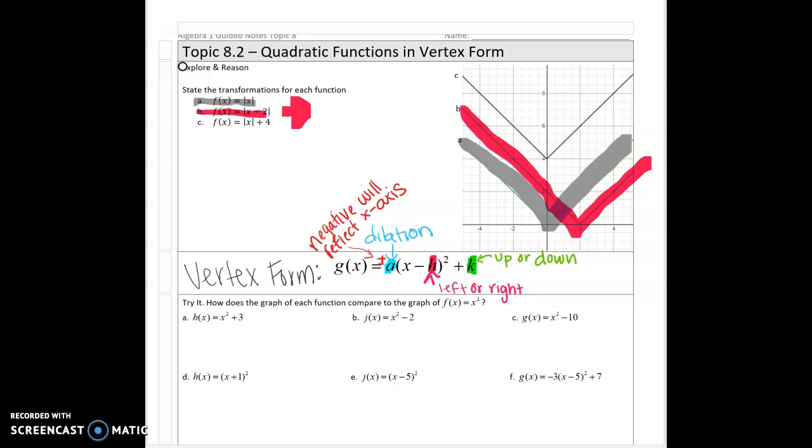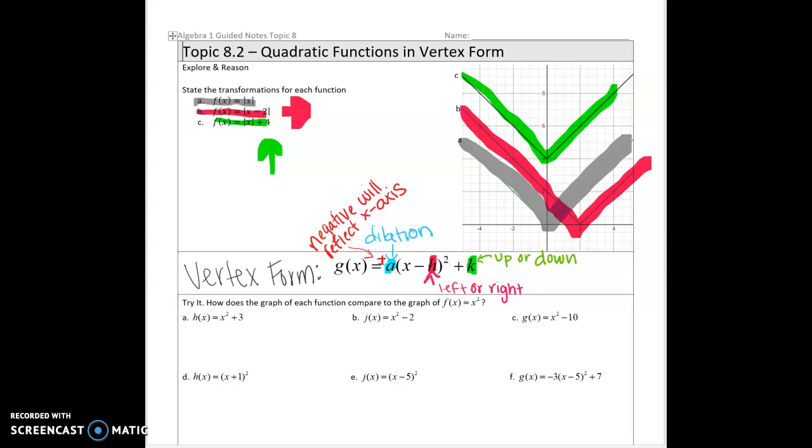And then this one here, the plus 4, is in the spot of the k, so it's going to be moving up 4 from the parent function. It's always starting here, and then it's either moving left, right, up, down, and so on.